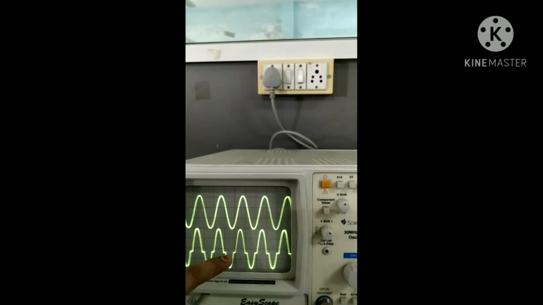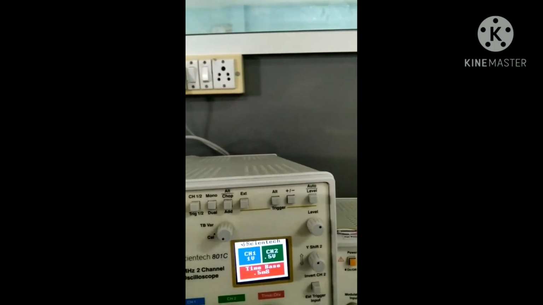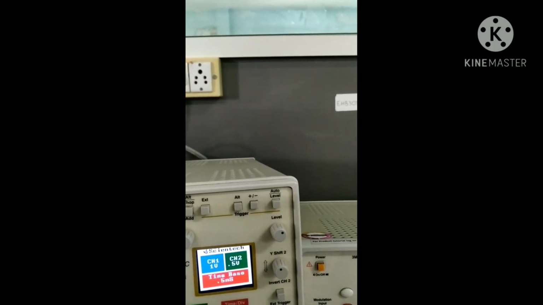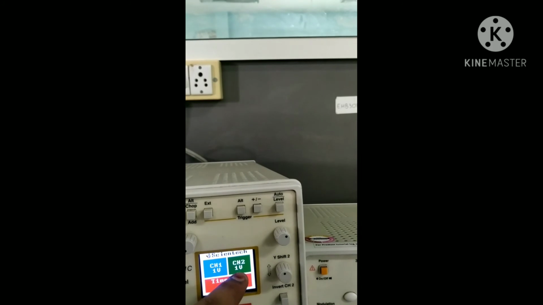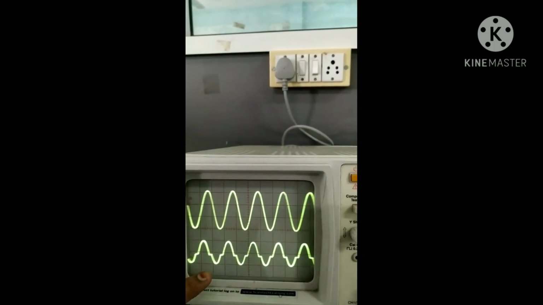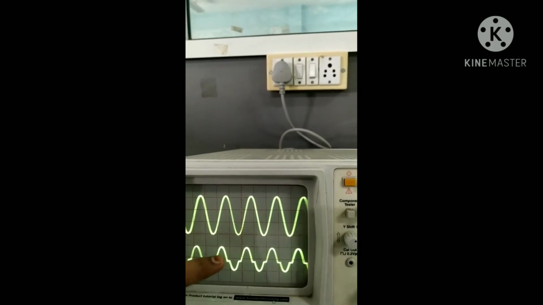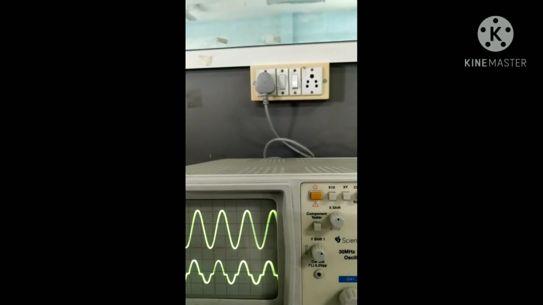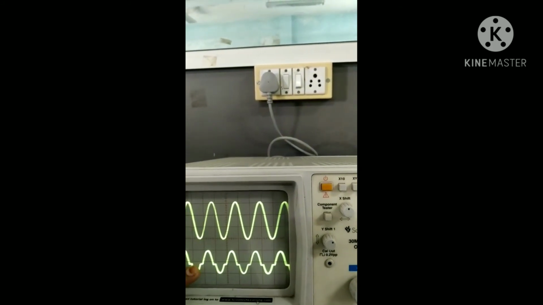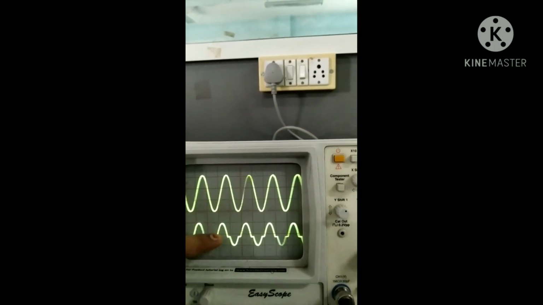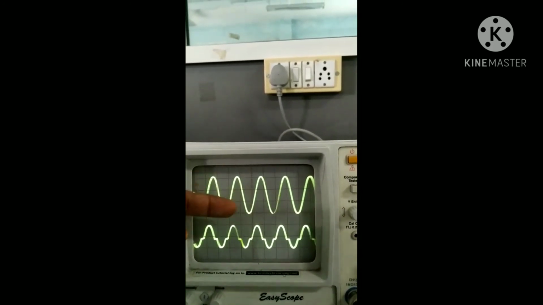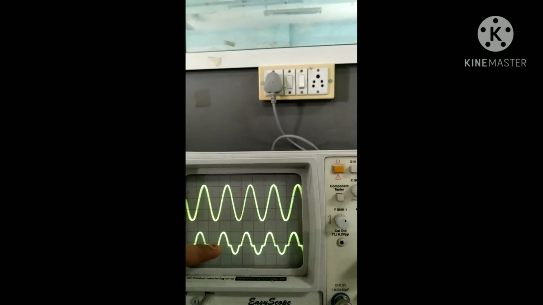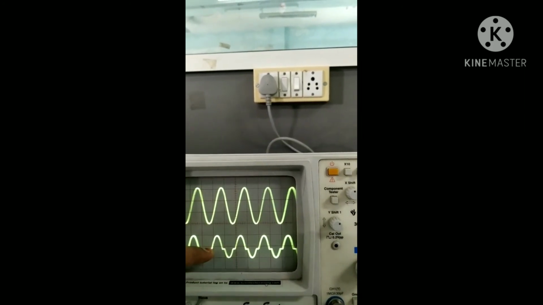Now here I am measuring at channel 2, which I also kept at 1 volt. If you observe how much voltage you are getting at the output, 1, 2 into 1 volt, that is 2 volt output. Input you are giving 3 volt, output you are getting 2 volt, because for around 0.6 or 0.7 volt of input voltage, your output will be 0.